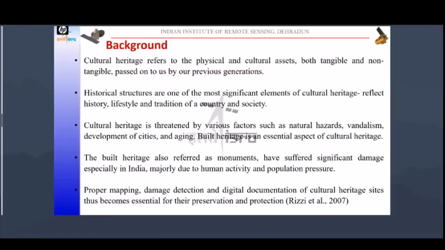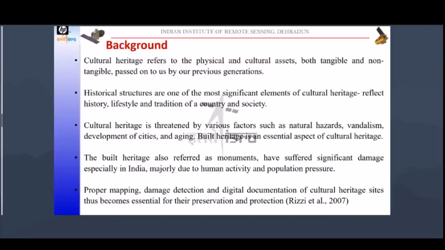So the various factors which threaten cultural heritage or built heritage especially are natural hazards, vandalism, anthropological activities like development of cities, etc., and natural aging, since these are all structures which have been there for a long period of time, right from the ancient times, so they have been exposed to the elements, and due to natural aging, they are affected and damaged.